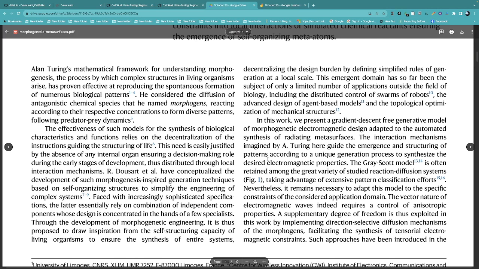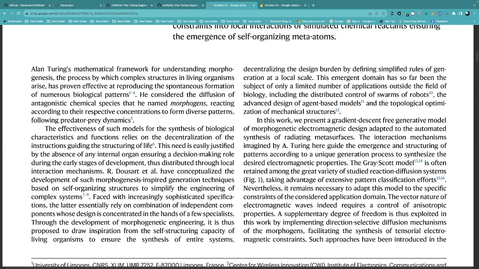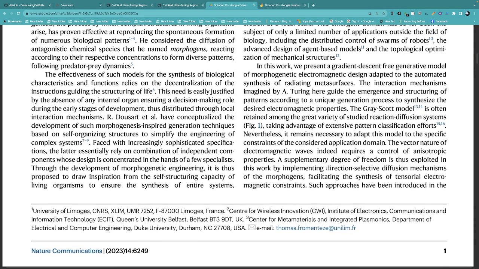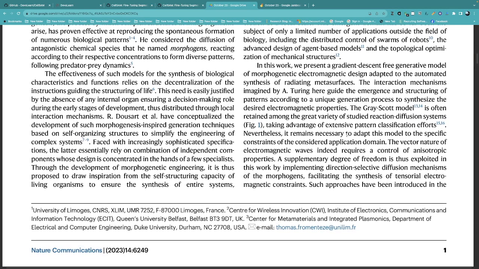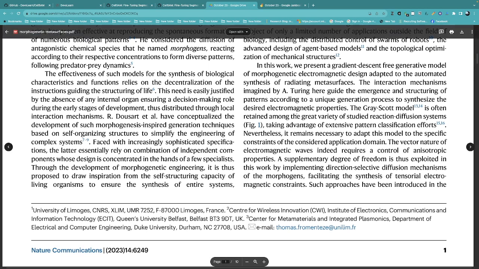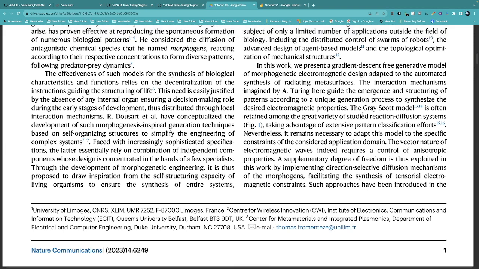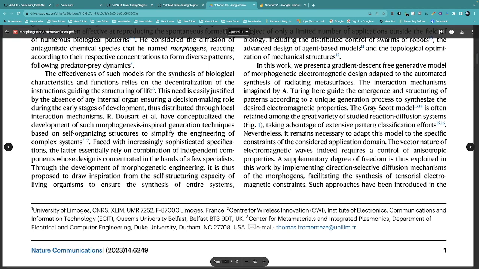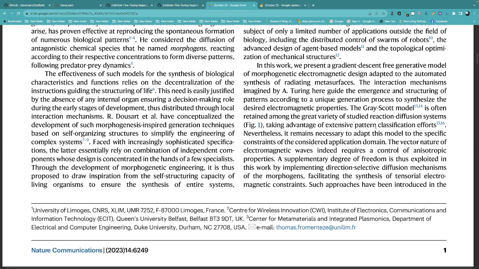They talk, of course, not only about the Turing model, but the Gray-Scott model, which, of course, is another variation of the Turing model we've talked about in previous meetings. And so this is where we get a great variety of reaction diffusion systems that can be generated. People have worked on classifying the patterns that come out of the Gray-Scott model.